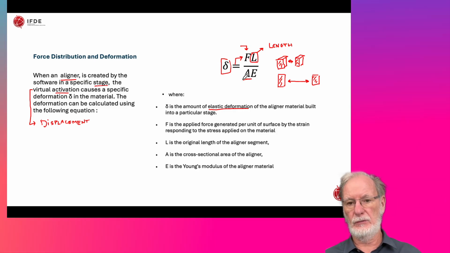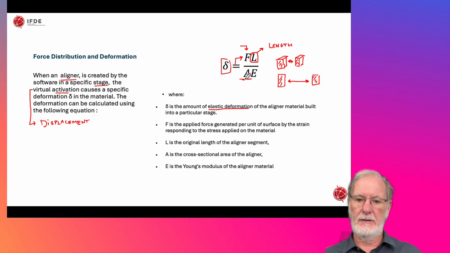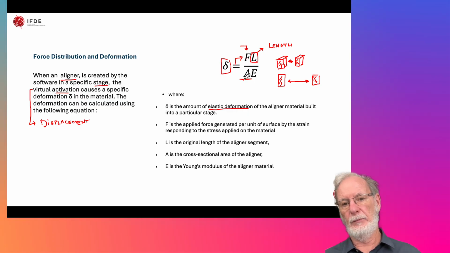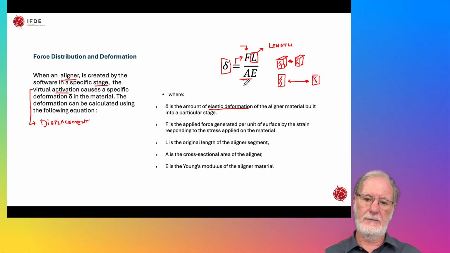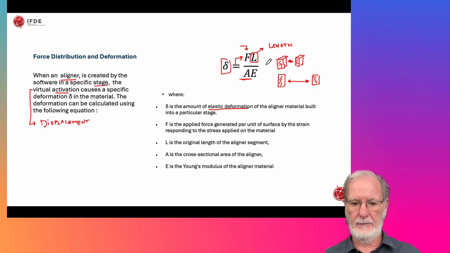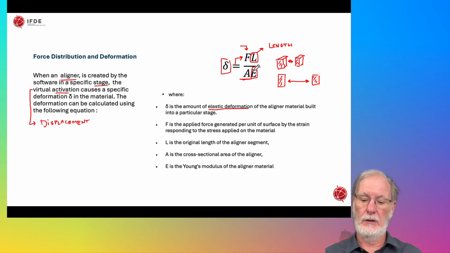This is the cross-sectional, this is basically the thickness, or when you cut the aligner. See, that's the inverse proportion. The thicker the aligner, the less deformation you'll get. We all know that. The last property is the amount of elasticity you get from the Young modulus of elasticity done by every single aligner company.